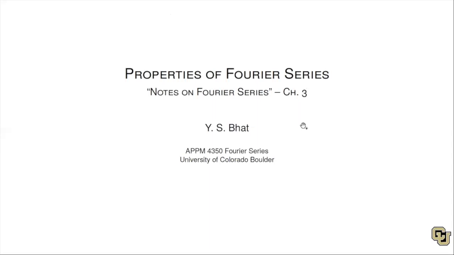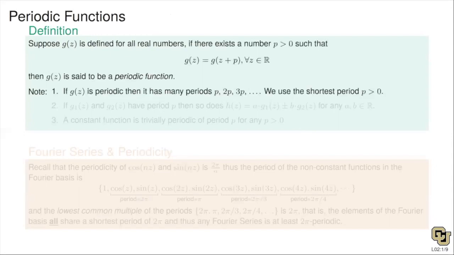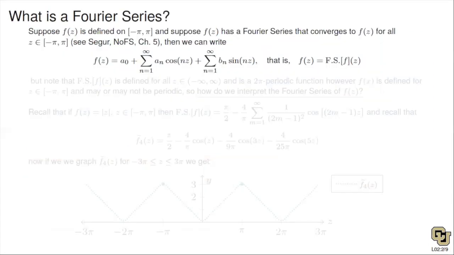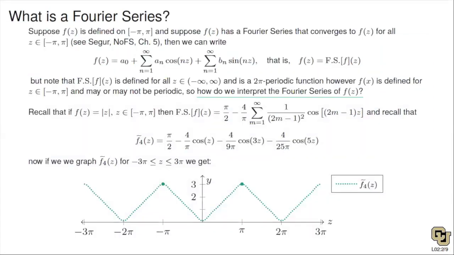Now we're in chapter 3, and the real question is, what is the Fourier series doing? I'll show you that there's a thing called a periodic extension that's happening here. If we graph the full Fourier series, this is the same Fourier series for the absolute value. You see, it does this thing called a periodic extension where it's repeating itself.